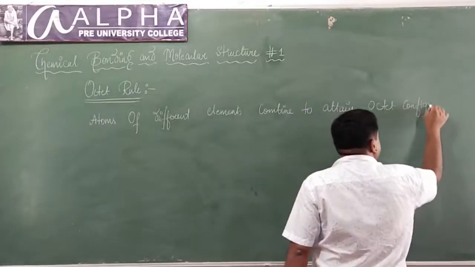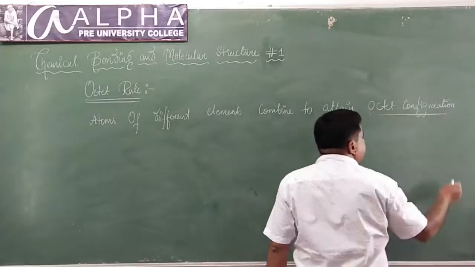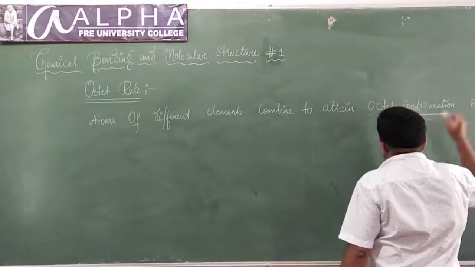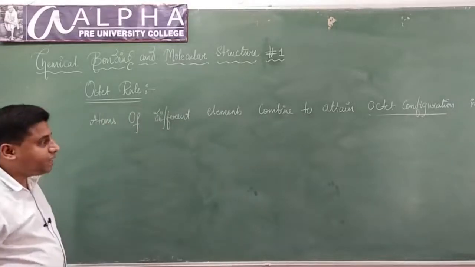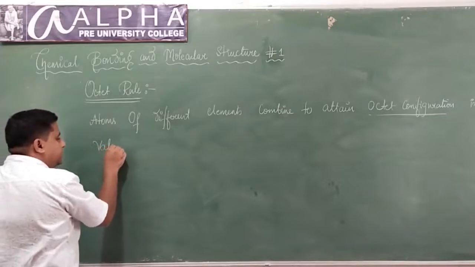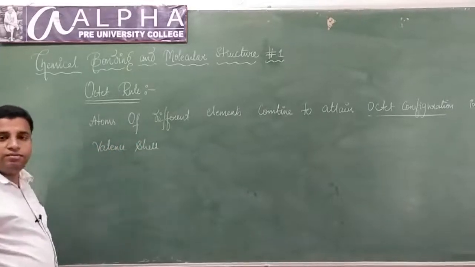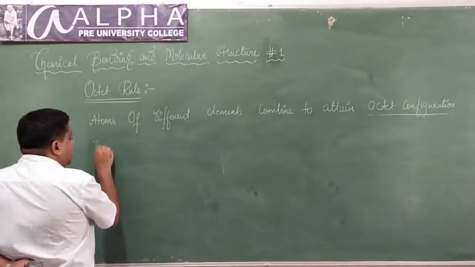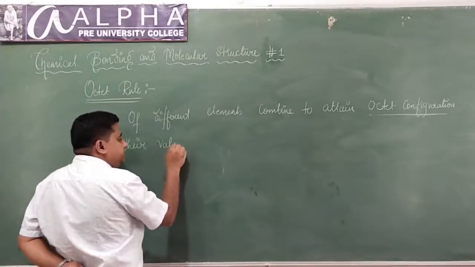What do you mean by octet configuration? In their valency shell. Atoms of different elements combine to attain octet configuration in their valency shell.